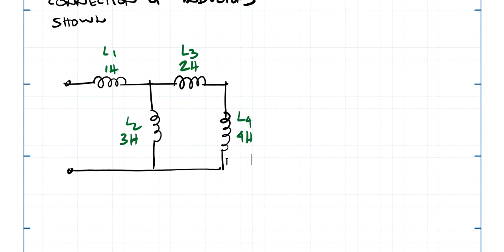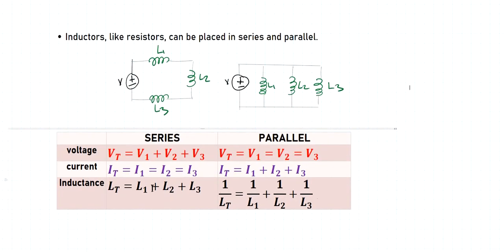It's a combined series and parallel connection already. We can notice that this one is in series, and the equivalent of this inductance, let's say LE1, is in parallel to this L2, right? And then series. So we simply apply these equations or properties right here.